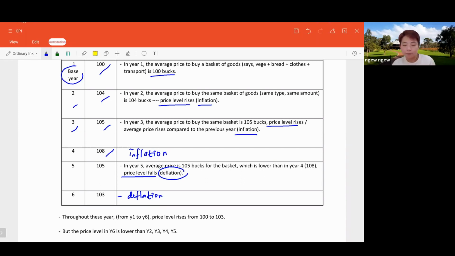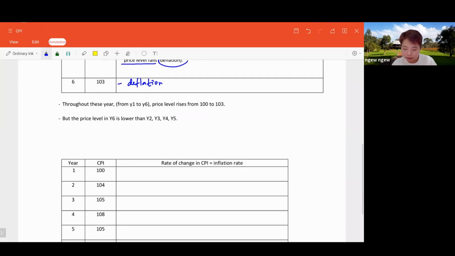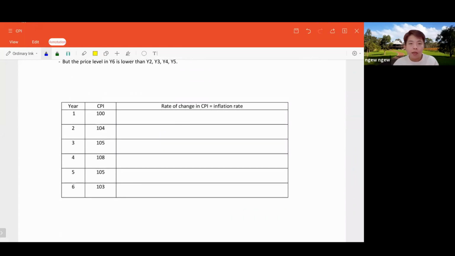Now you will need to grab a calculator and let's do this. The rate of change in your average prices refers to your inflation rate, and as mentioned, inflation rate is year to year. Of course, for year 1 we have nothing to compare with, so we cannot tell the inflation rate.